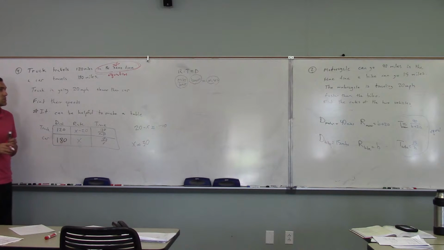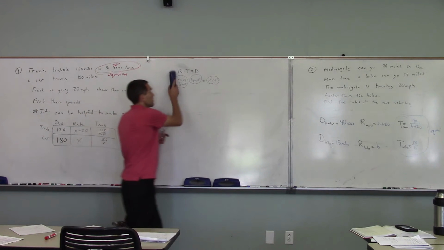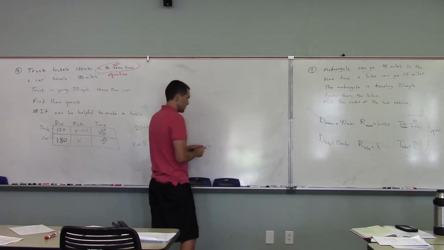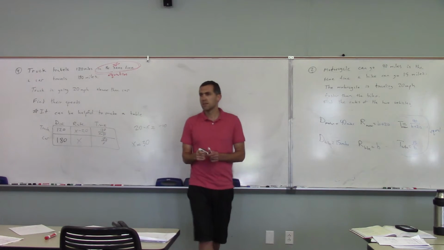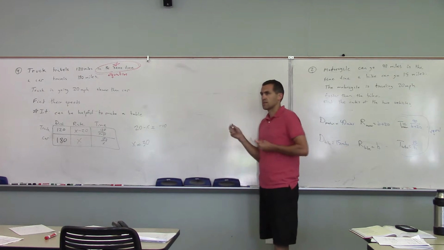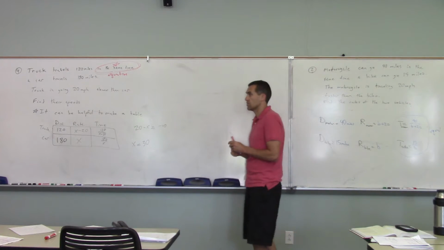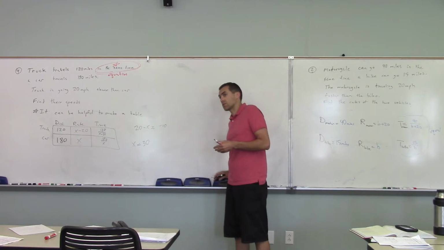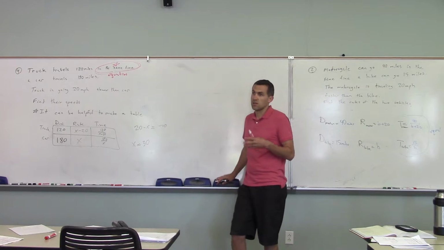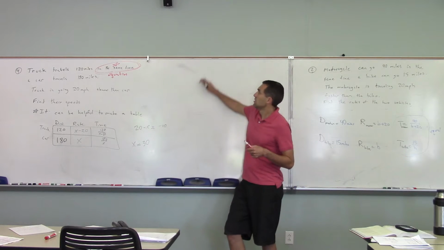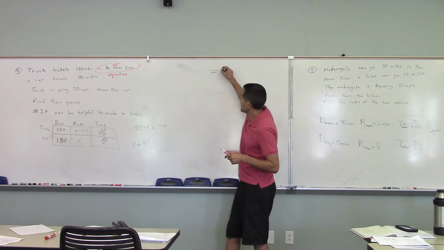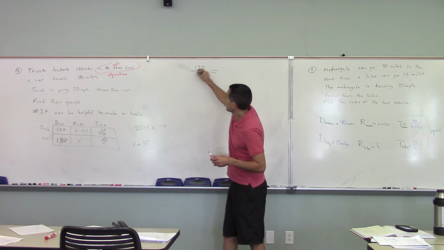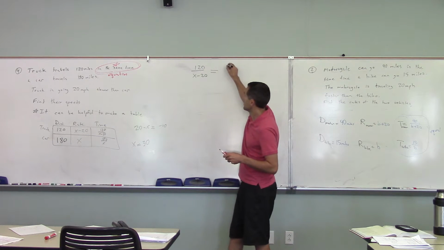Okay, that's our equation. So what's our equation now? We don't need the t equals, because we already wrote time equals. We know they happened in the same amount of time, so we can say the time the truck took and the time the car took are the same, and then an equal sign. 120 over x minus 20 equals 180 over x.